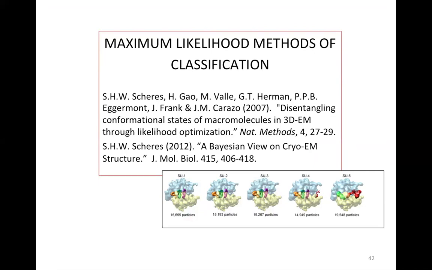So the next stage in the development was the maximum likelihood methods of classification. This was all done before the new development that came from the introduction of the cameras.